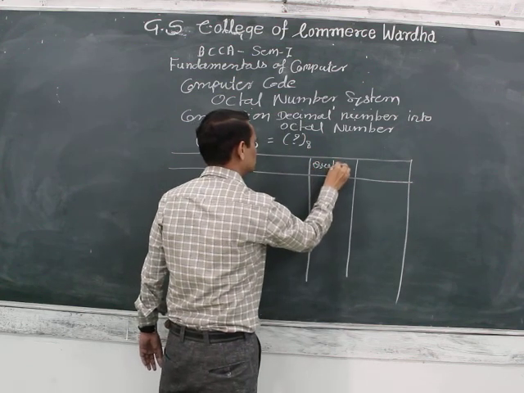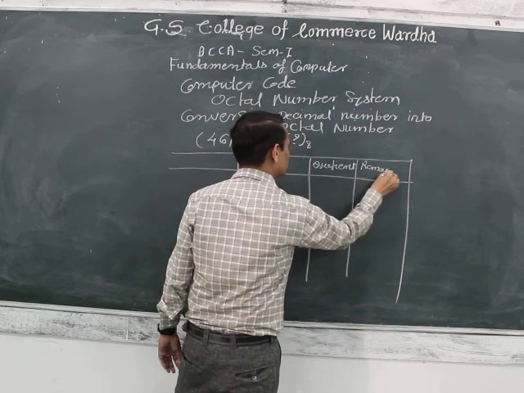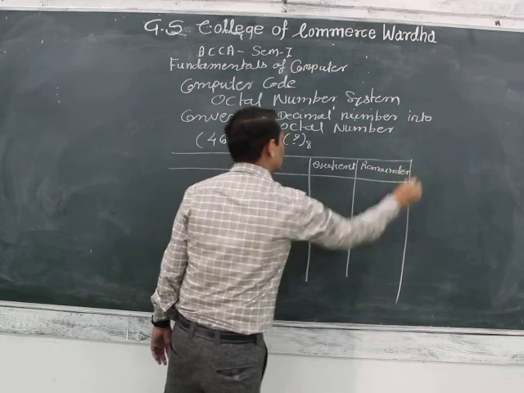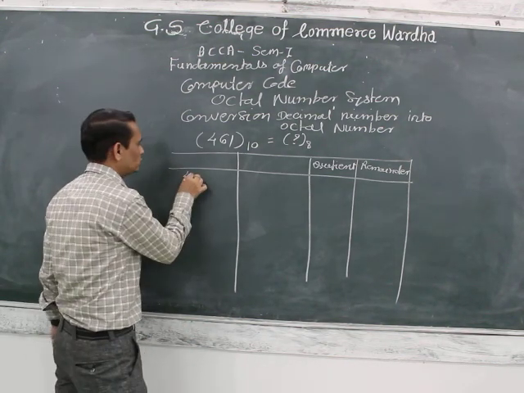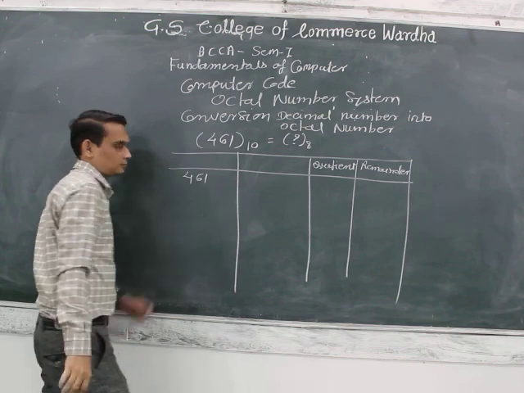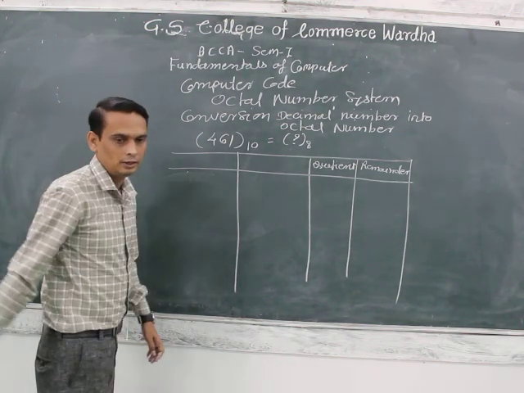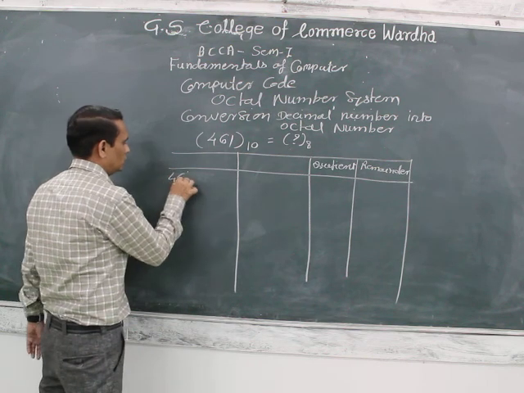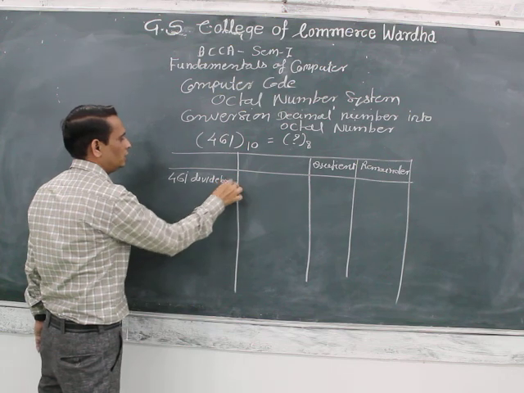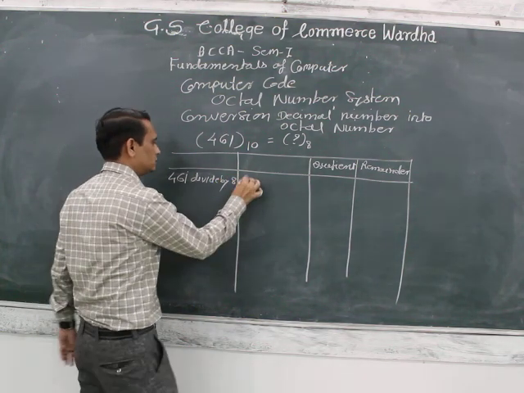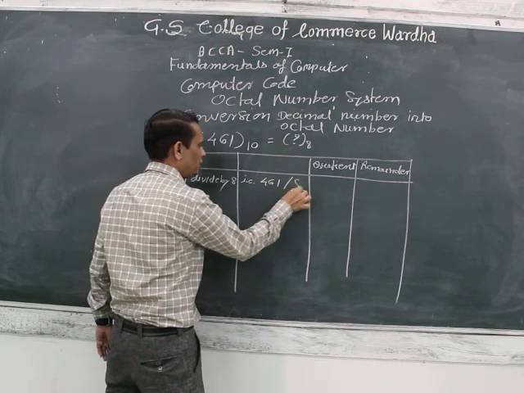Quotient, remainder. The decimal number, that is 461. The decimal number 461 divide by 8, that is 461 divide 8.